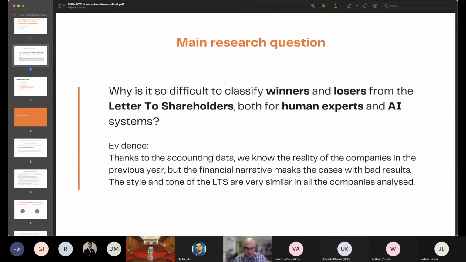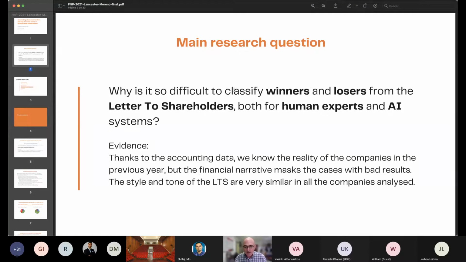Okay. The starting point of this research question is an evidence. Thanks to the accounting data, we know the reality of the companies in the previous year, but the financial narrative masks the cases with bad results.